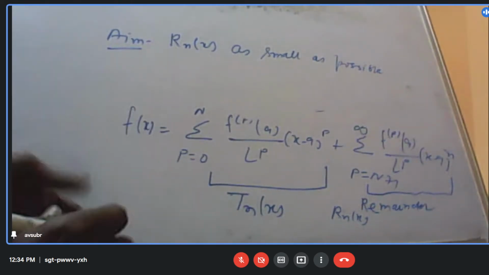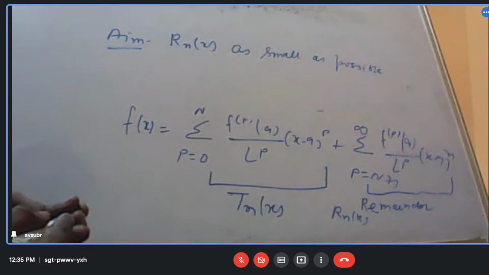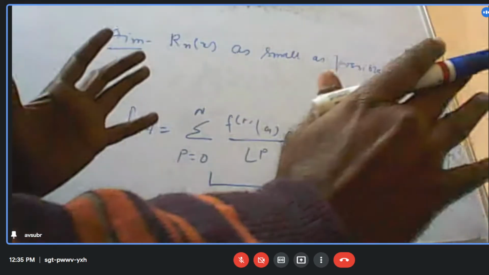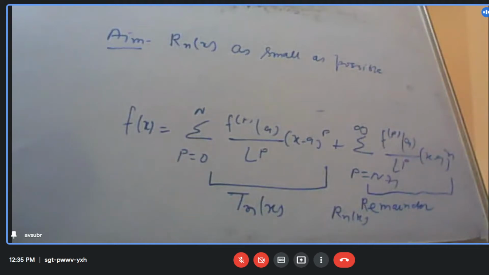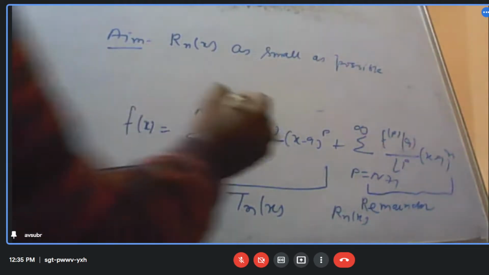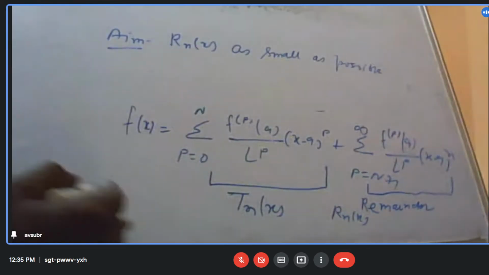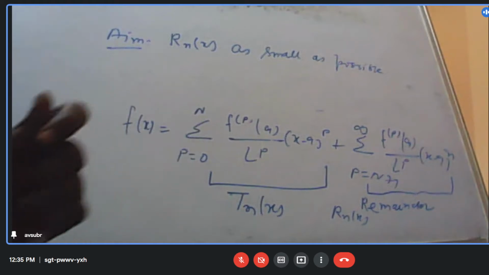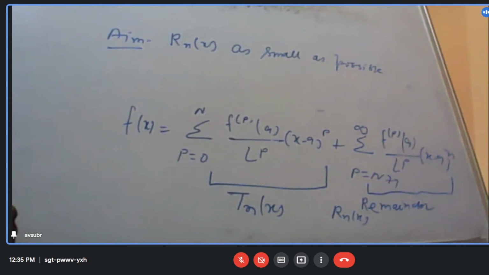Could you understand what I did over here? I have a function. That function can be represented by a power series, in this case the Taylor series. And in this Taylor series, I cannot continue to count up to infinity. Can I? Is it possible?